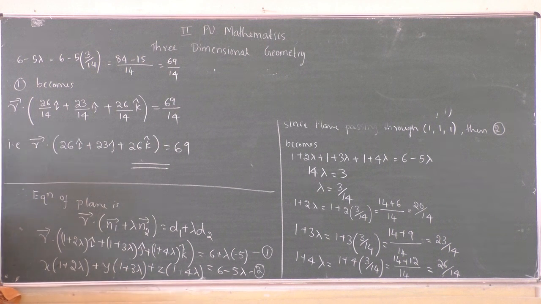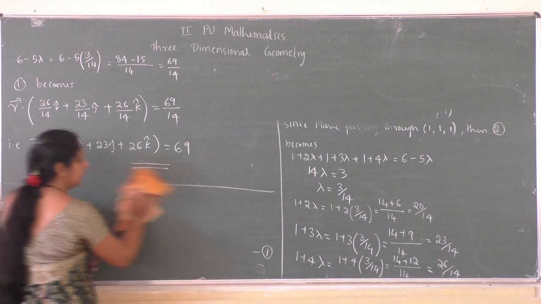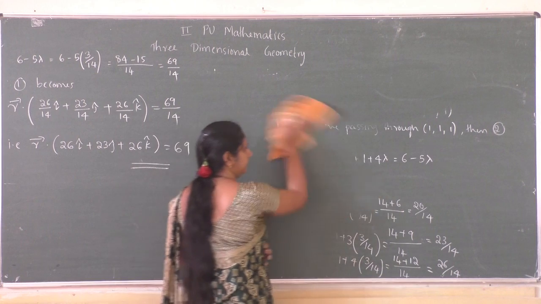So this is the required vector equation of the plane passing through the given two planes as well as the given point.